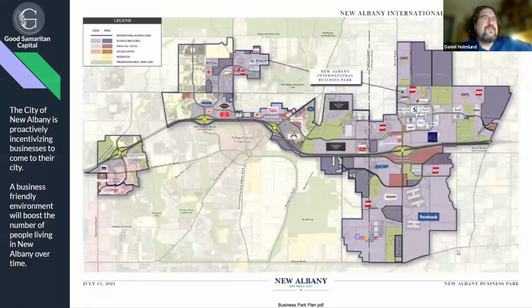This was fascinating to find. So I went to the New Albany City Council business planning website, and I found this map here. This is their planning map for the business atmosphere in New Albany. One of the things I noticed here, just for reference, the Intel plant will be up here kind of off the map to the upper right.